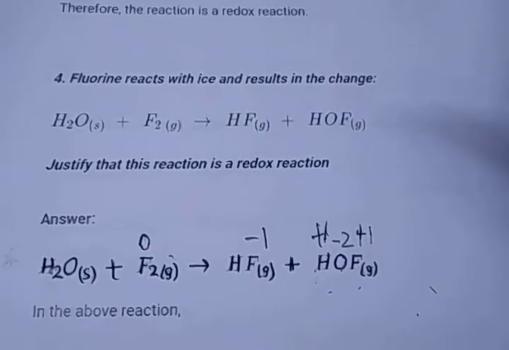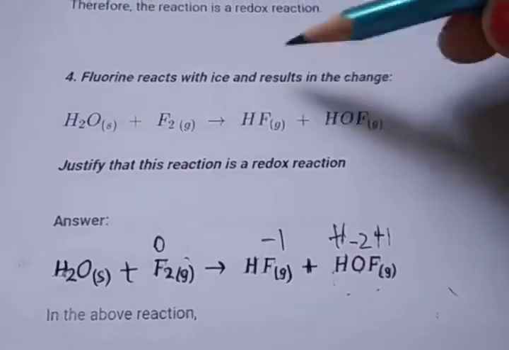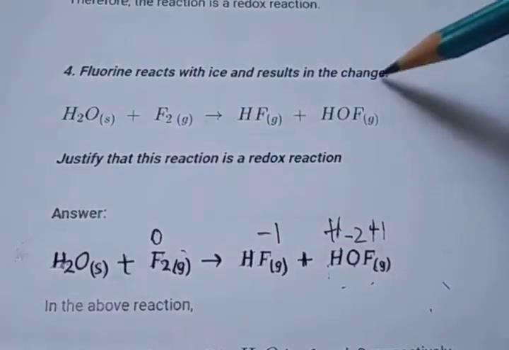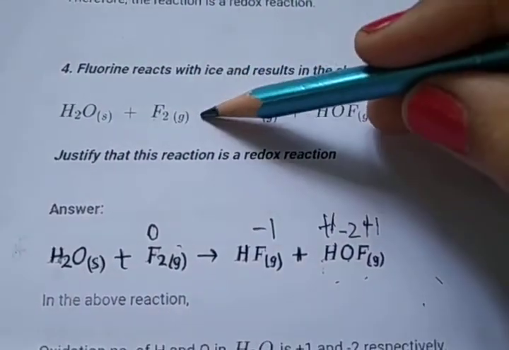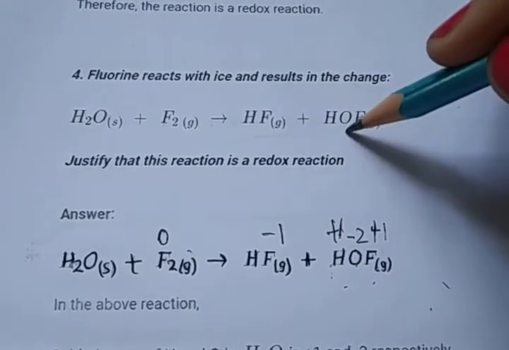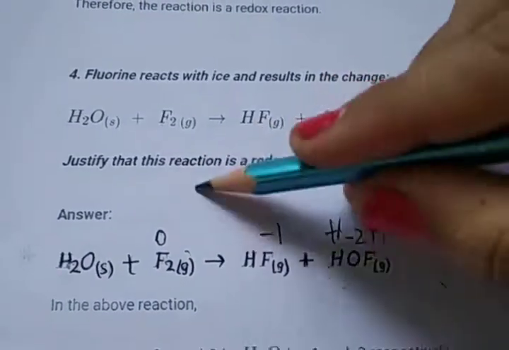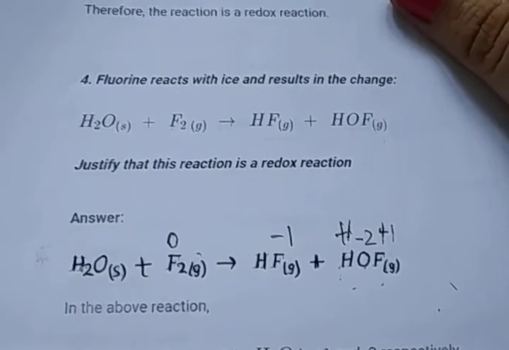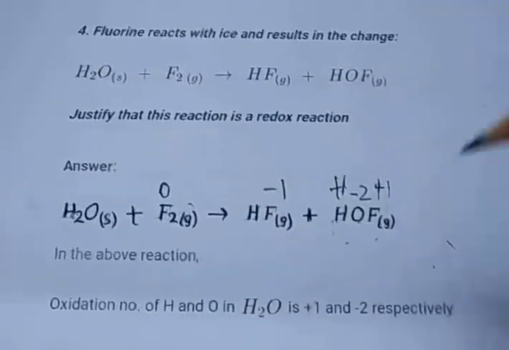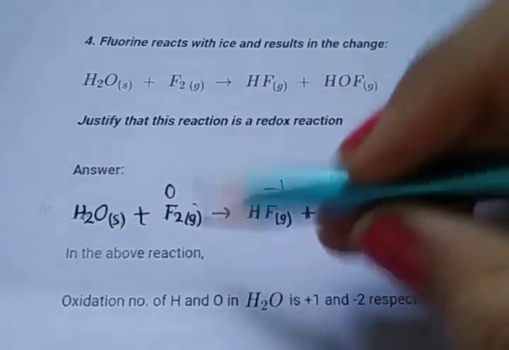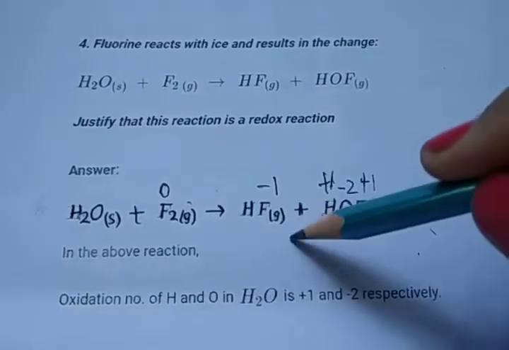Question number 4: fluorine reacts with ice and results in the change. The equation given in the question is H2O plus fluorine converts into HF plus HOF. Justify that this reaction is a redox reaction. First we have to write the equation and then write the oxidation numbers.